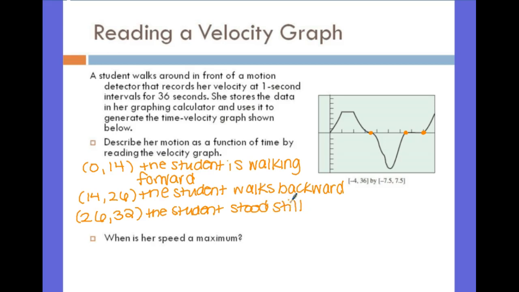They weren't going backwards or forwards, they were just stopped. It's like sitting at a stop sign. If your velocity is 0, or at a red light, you're not moving, so you're stopped.